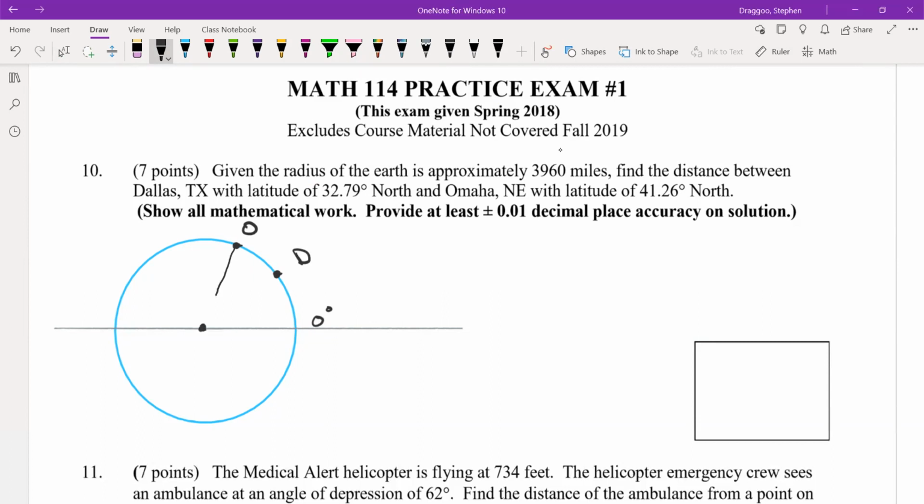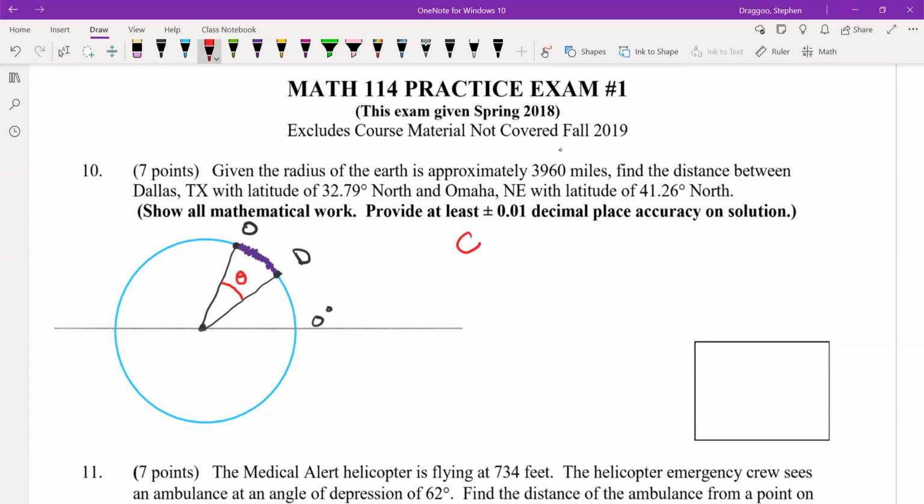If I connect those two cities, draw the radius that connects to the center of the Earth, I can form an arc with an angle that subtends it. The arc, this purple distance between Omaha and Dallas up there, and I have some angle that formed with the center of the Earth between these two cities.